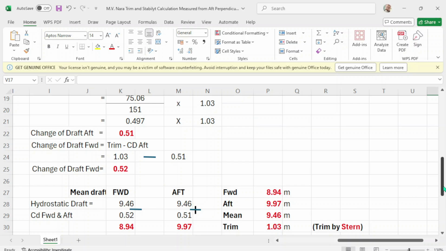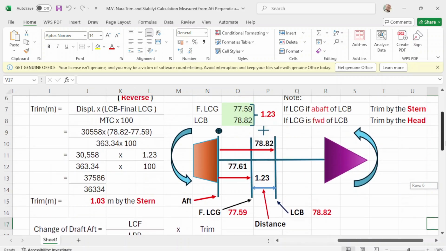Take note, guys, as I explained earlier, because your final LCG is above or behind LCB, the tendency of this buoyancy will push the vessel upward. So this forward part will go up, which means you will have lesser drop.